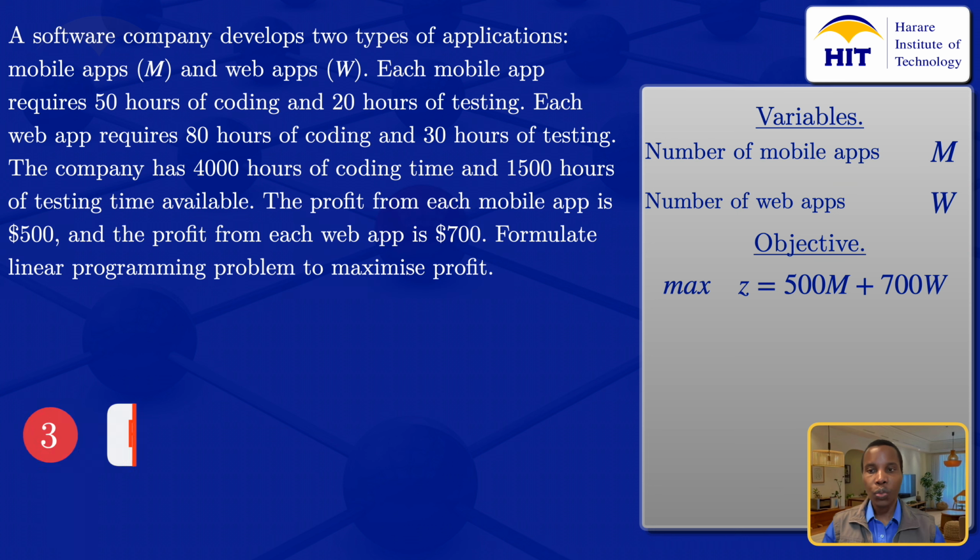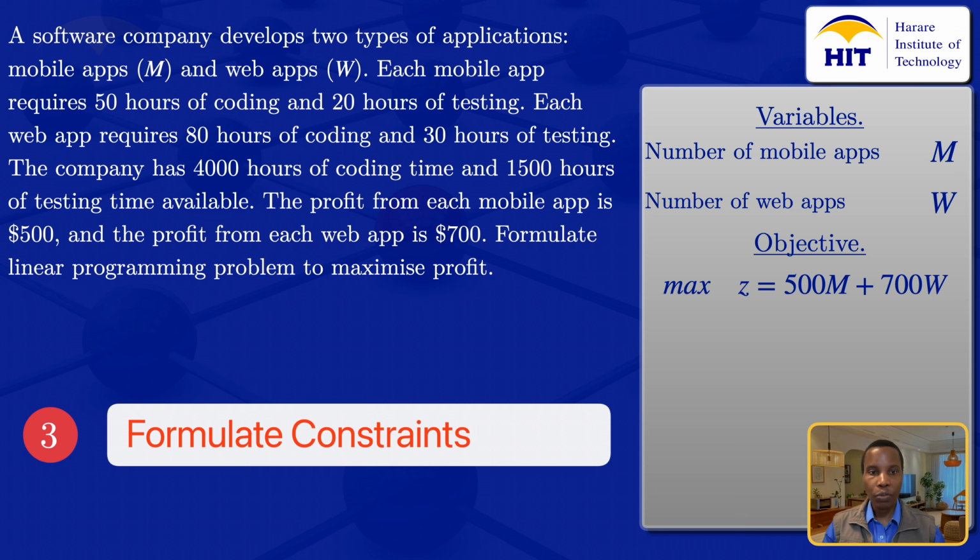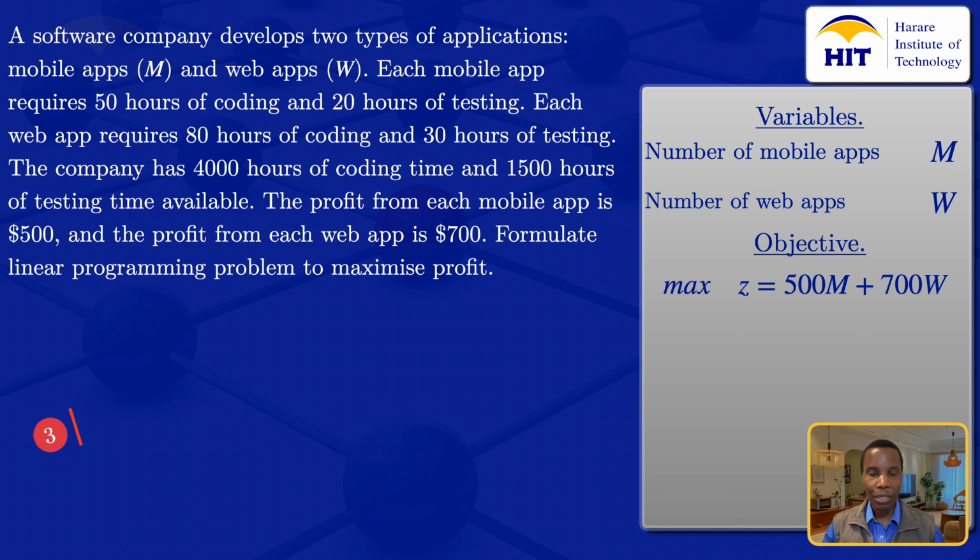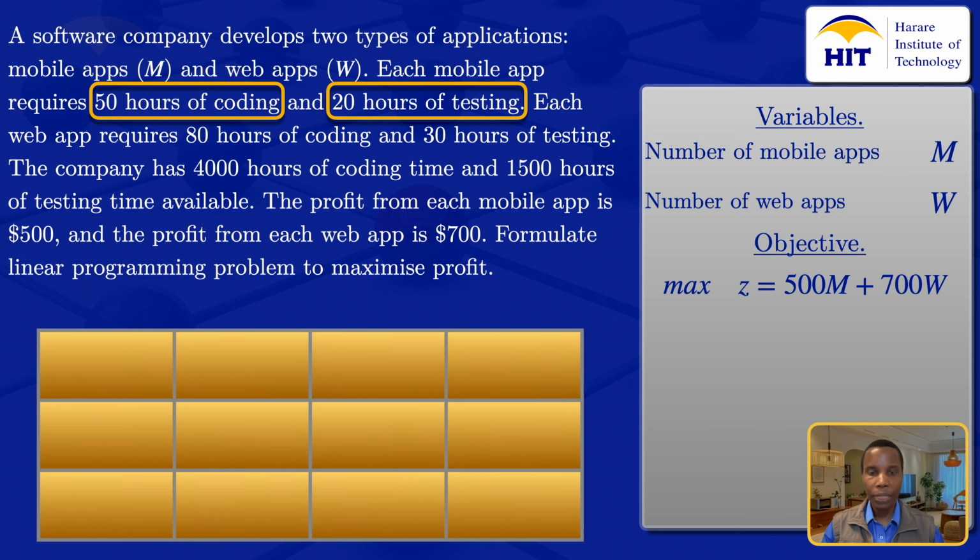I now move on to the third step, trying to formulate the constraints. To do this, I'll look at the limitations that we have. If we see here, we are having 50 hours of coding for each mobile app and 20 hours of testing for each mobile app. So to see this clearly, I find it convenient to draw a table where we have the mobile app, the web app, and then we have the coding time and the testing time.